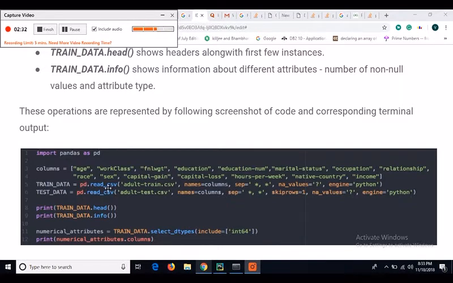This function loads the data from the CSV file, and since this data does not consist of any column names, we are replacing the column headers with age, work class, FNLWGT, and other titles. Our data also has some white spaces within the attribute values, which are getting replaced using this separator function, and all the missing values are identified as question marks, which are replaced using NA values.